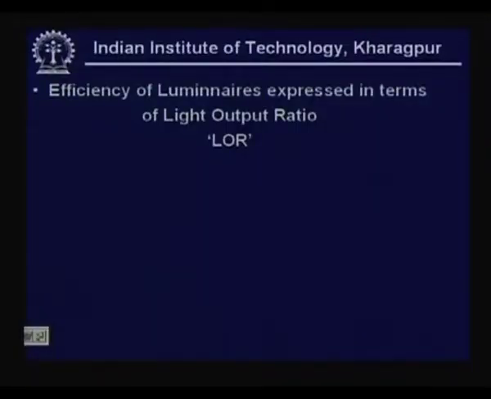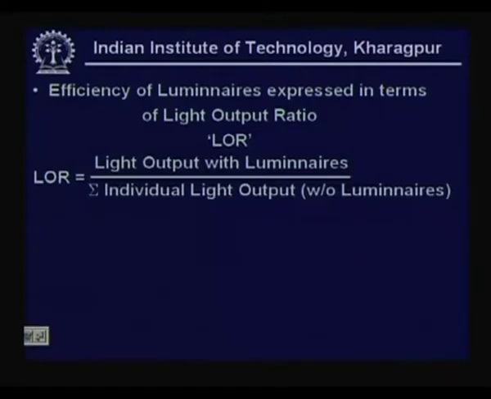There is one factor which we call the light output ratio. This is defined as the light output with luminaires divided by the sum of the individual light outputs without luminaires. Obviously, when you talk of such an index, it should be very clear to the user what he is talking of, depending on the task.